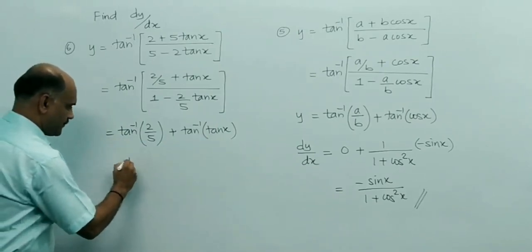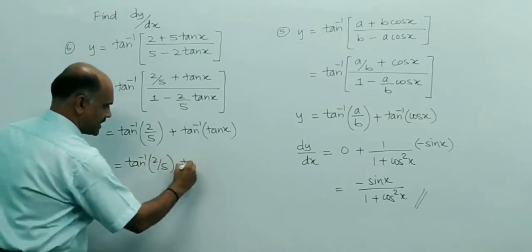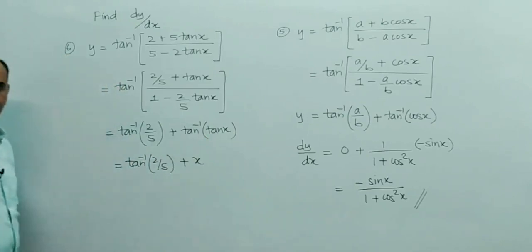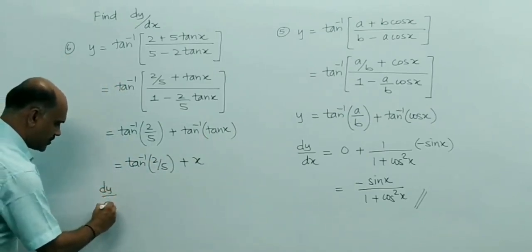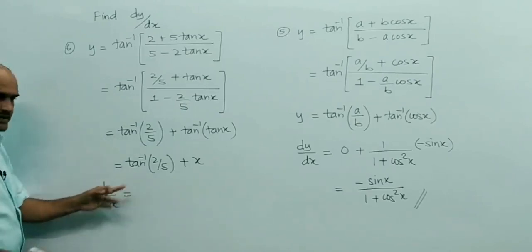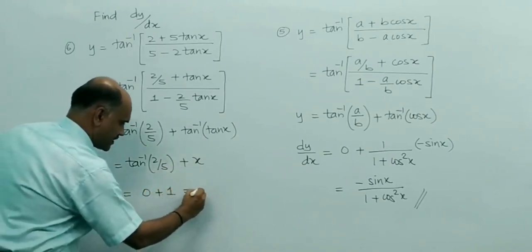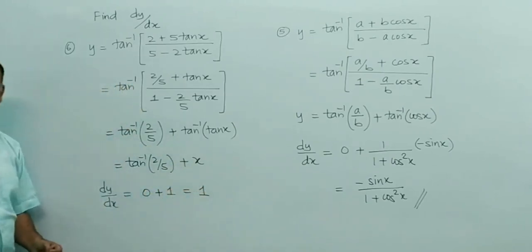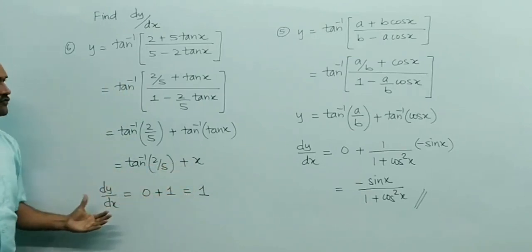So you will have tan inverse 2 by 5 plus x. Now you differentiate. So you will have dy by dx is equal to constant, so this is 0. Differentiation of x is 1. So final answer is 1.